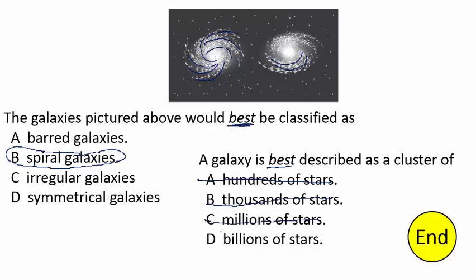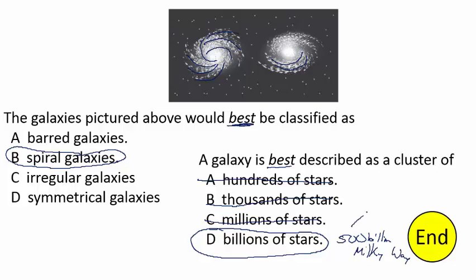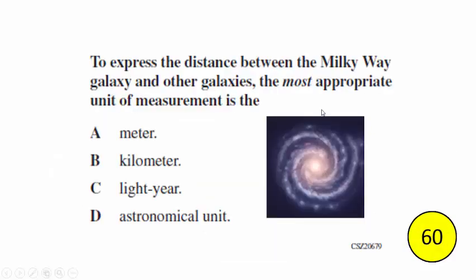Galaxies can have billions, as in like 500 billion just in the Milky Way, which is the galaxy we live in. So when you see this picture, that's 500 billion stars. Letter D. Next question, 60 seconds. Begin.